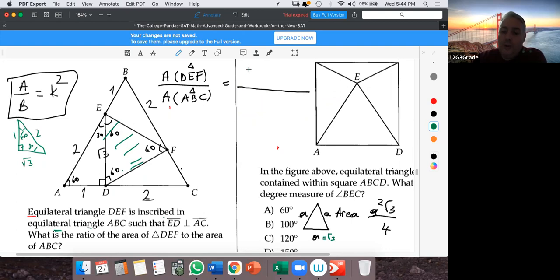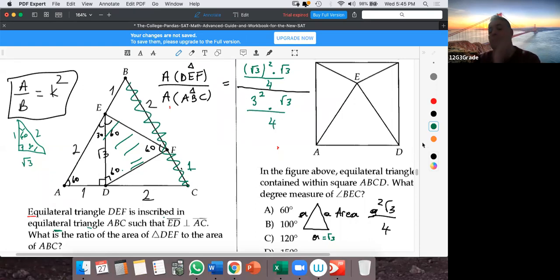So root 3 squared times root 3 divided by 4. Similarly, what about ABC? Do I know this side? Totally 3. 3 squared times root 3 over 4. Till here, do you have any question?